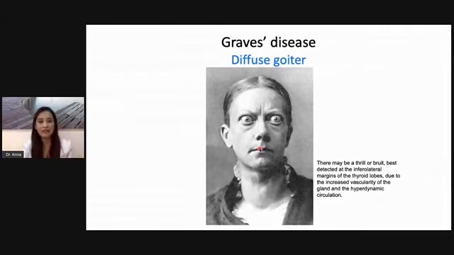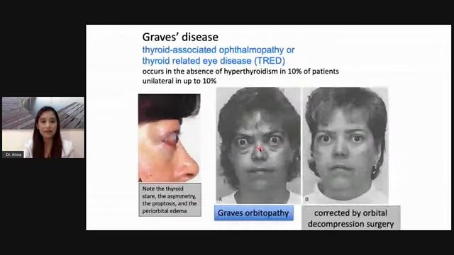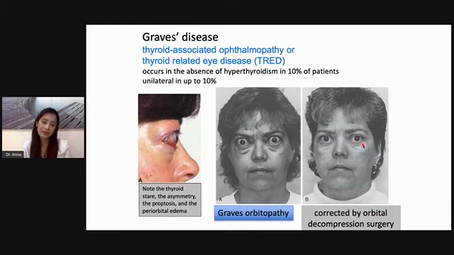Okay, so your disease could have thyroid-associated ophthalmopathy or thyroid-related eye disease. Note the thyroid tear, asymmetry, proptosis, periorbital edema. So this is your Graves' orbitopathy, and after treatment with orbital decompression surgery, these patients would have normal-looking eyeballs.